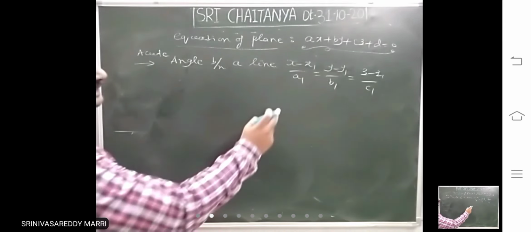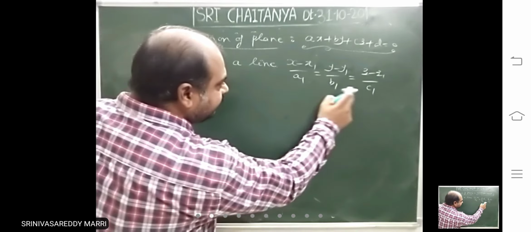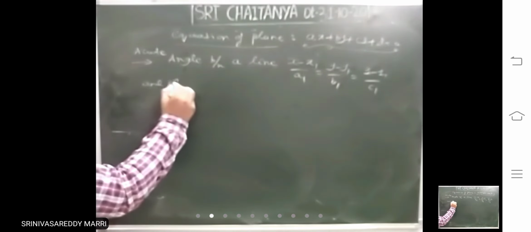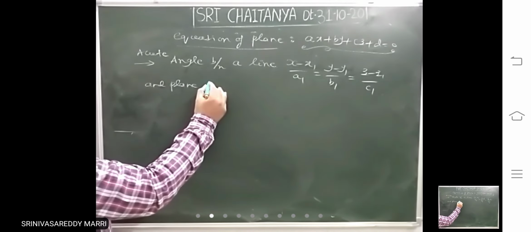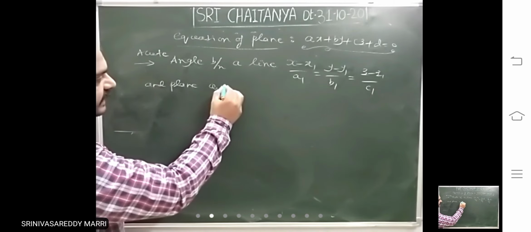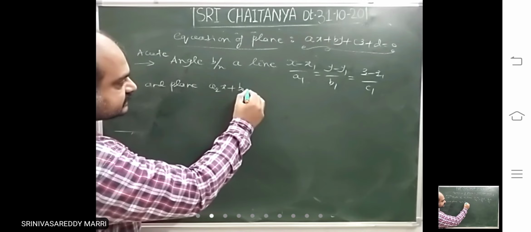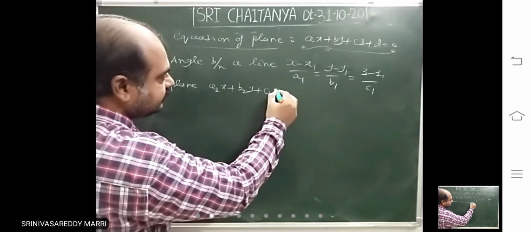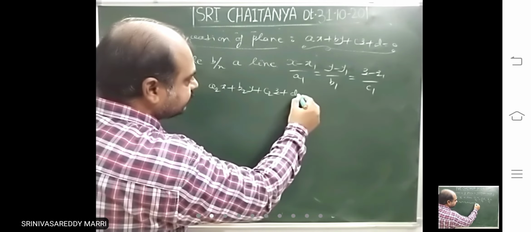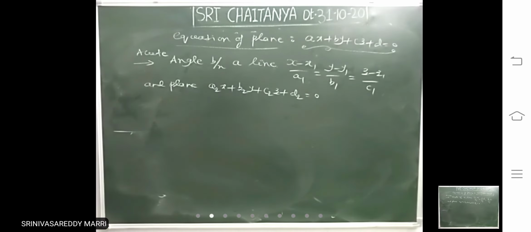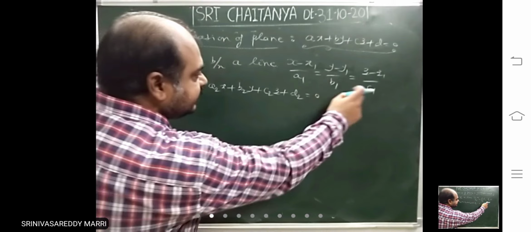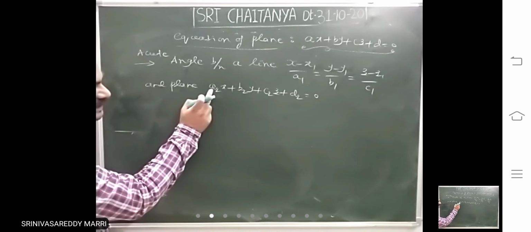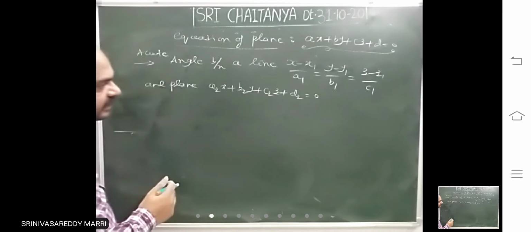That means the line has DRs A1, B1, C1, and the plane is, remember, A2x plus B2y plus C2z plus D2 equal to 0, let us say. The line has DRs A1, B1, C1 and the plane coefficients are A2, B2, C2, remember.